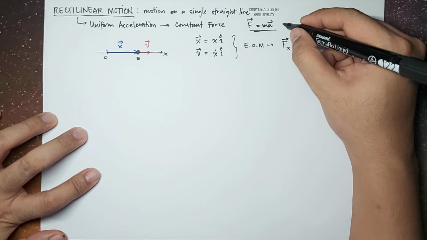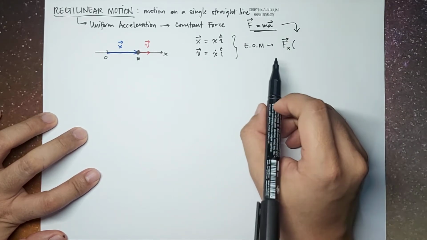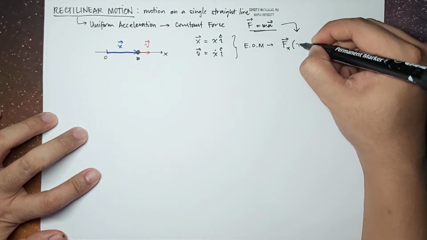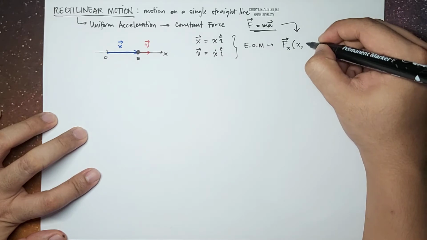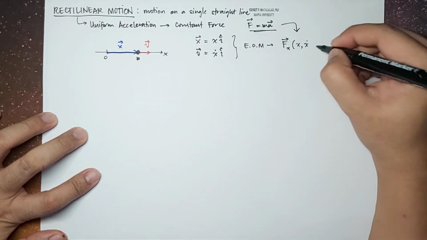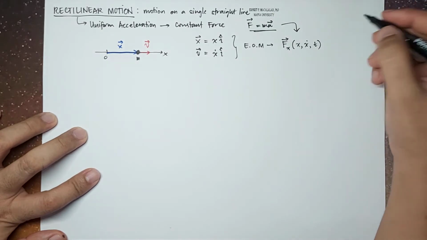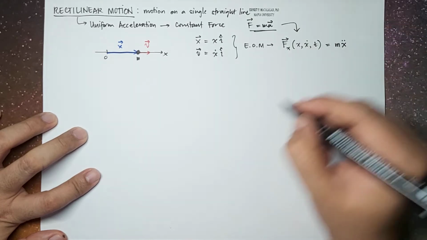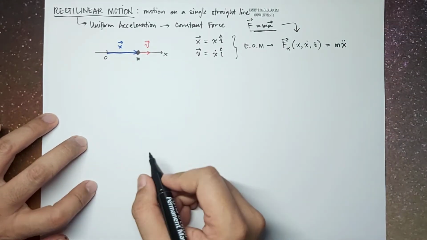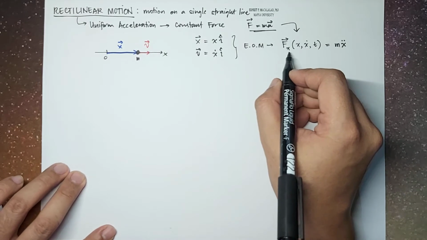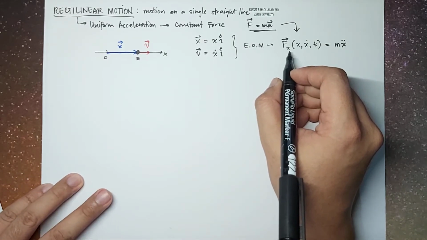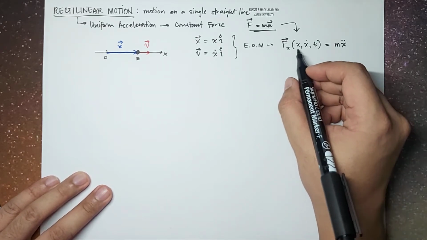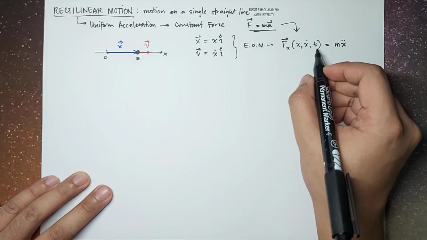Usually, if this is a general form, we don't consider first a constant force, but instead this force may be a function of position, velocity, or time, and this is equal to mass times the acceleration along x. Here F sub x is the force along the x-axis. As I mentioned earlier, it is a function of position, velocity, and time.